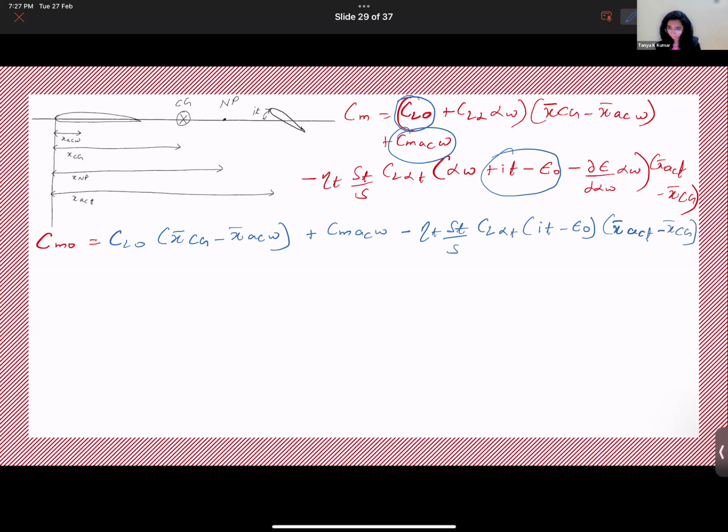Have I missed any term? Let's check the whole thing again.